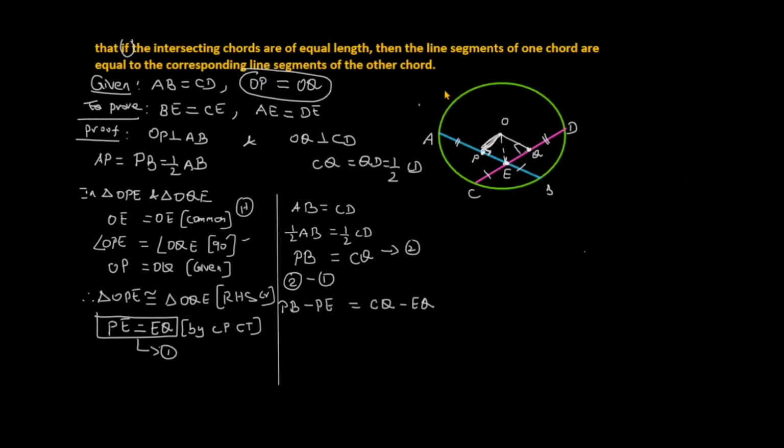PB minus PE is nothing but BE, and looking at the diagram, CQ minus EQ is CE. So, we proved that the corresponding minor segments are equal.